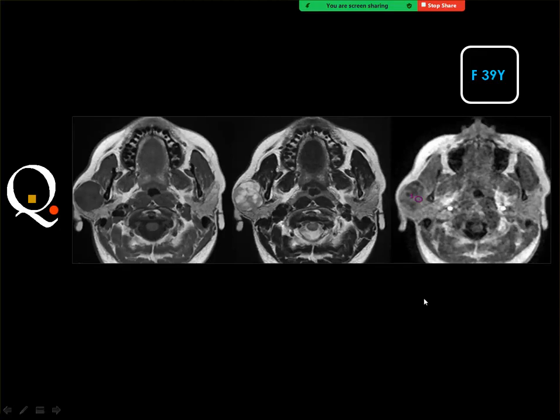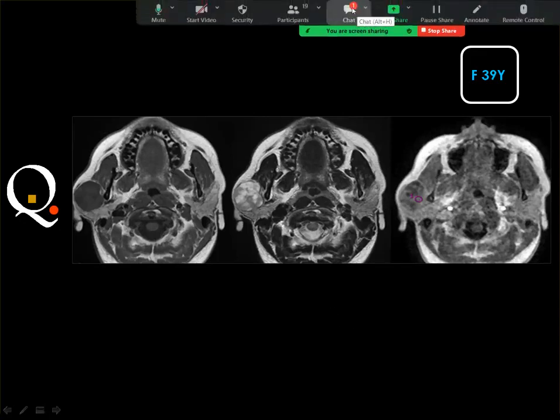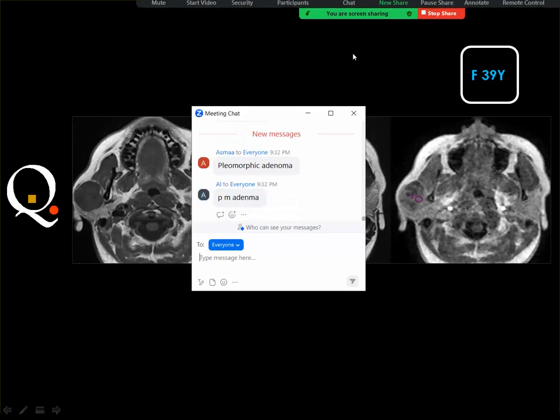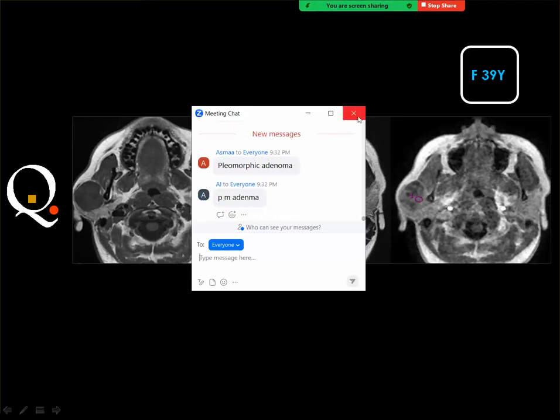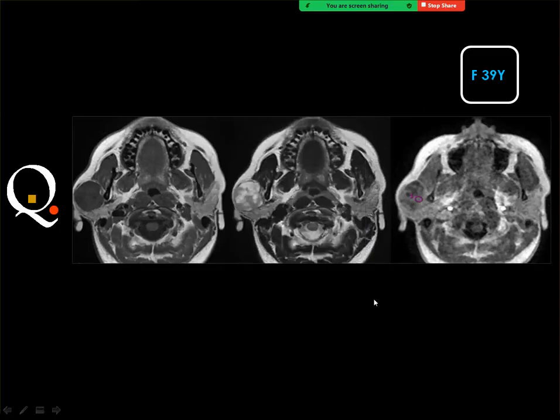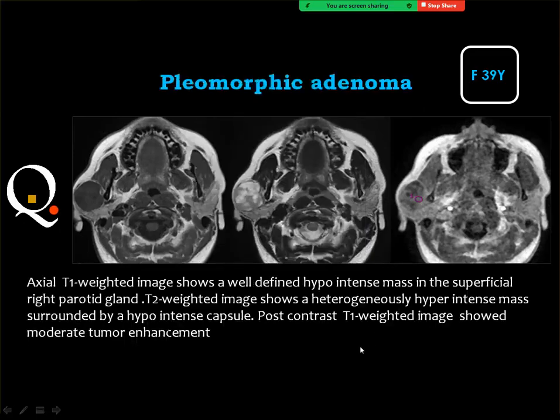But you know that Warthin tumor is seen in males particularly, and those who are of relatively old age and they are smokers. But this is a young female, and this is classic for pleomorphic adenoma of the parotid gland.